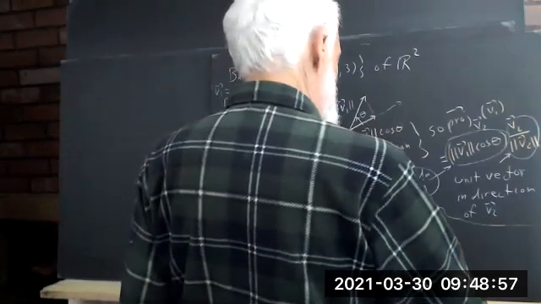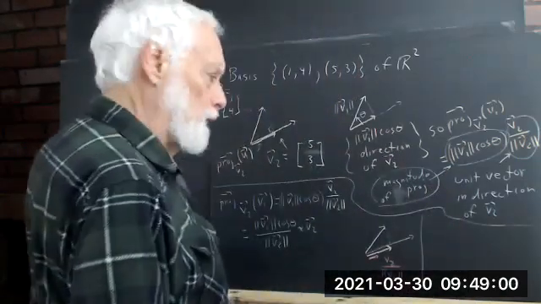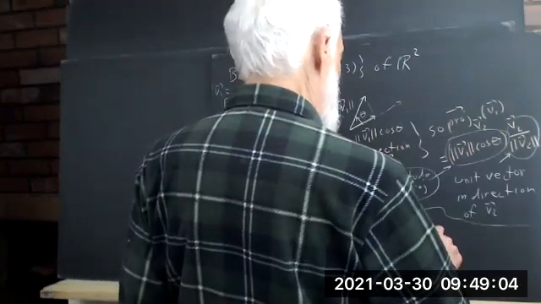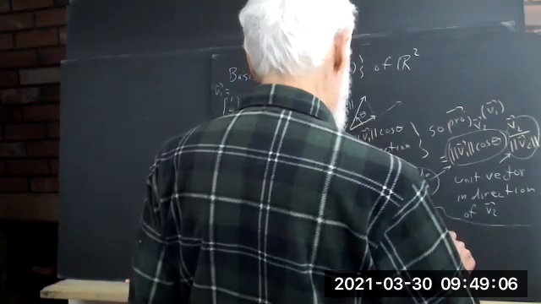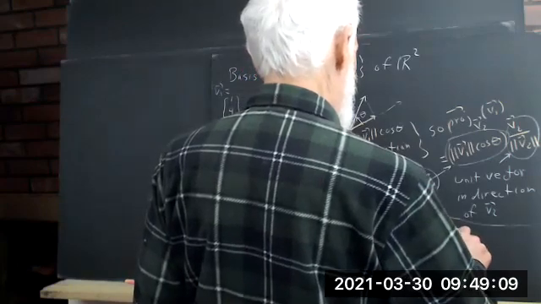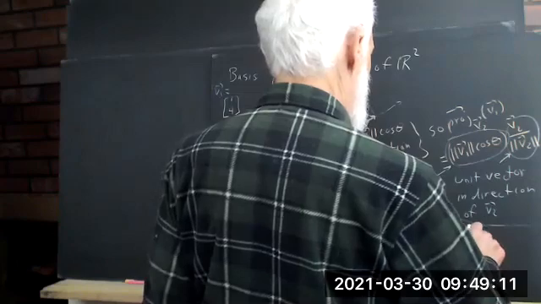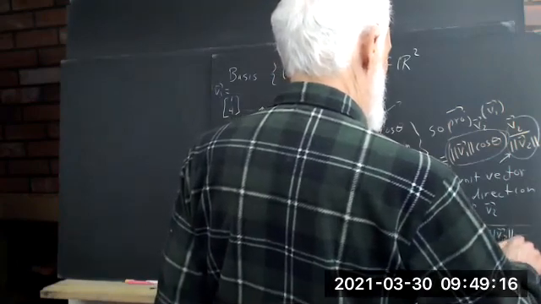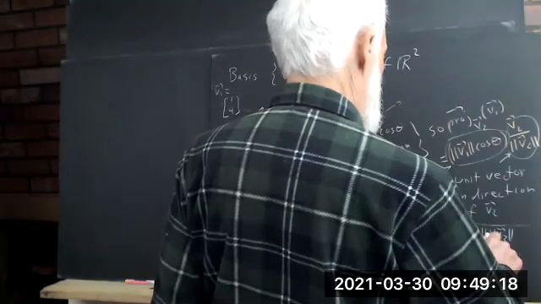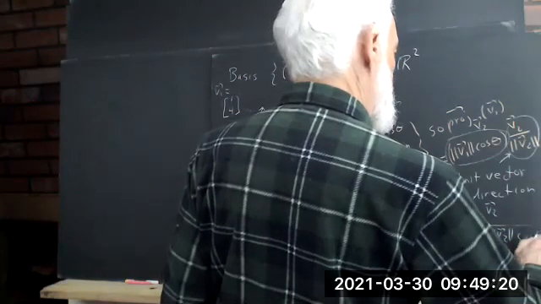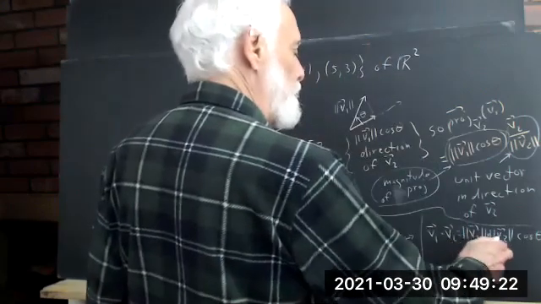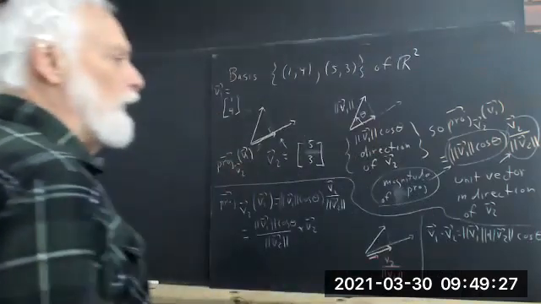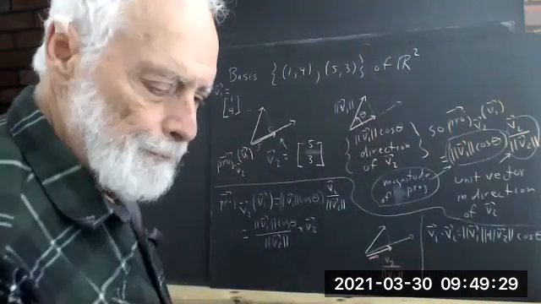Okay, let's go back to the definition of the dot product, which I'll write over here just to remind us: V1 dot V2 equals magnitude of V1 times magnitude of V2 times the cosine of theta.